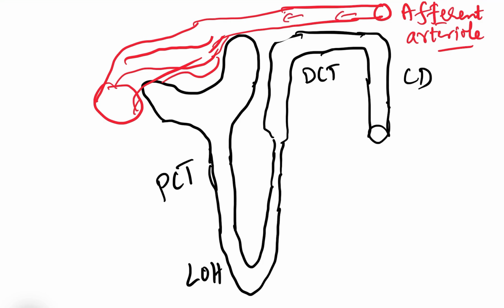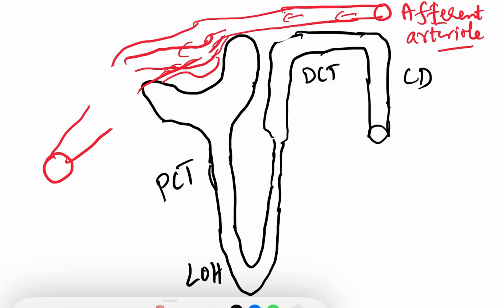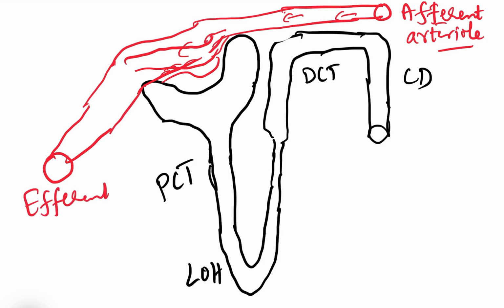It passes through the glomerular capillaries and then through the efferent arteriole. I hope you know this basic anatomy of the nephron.